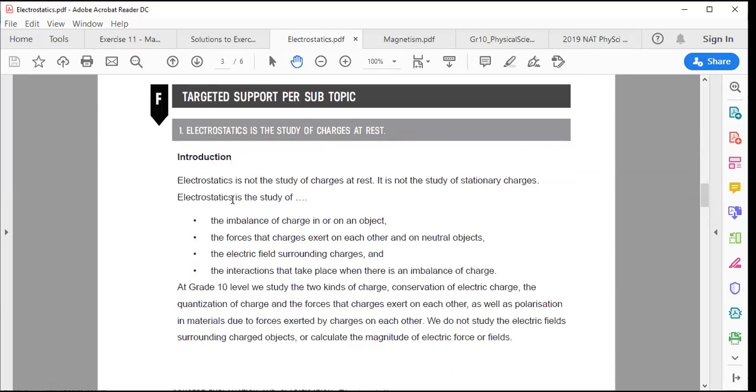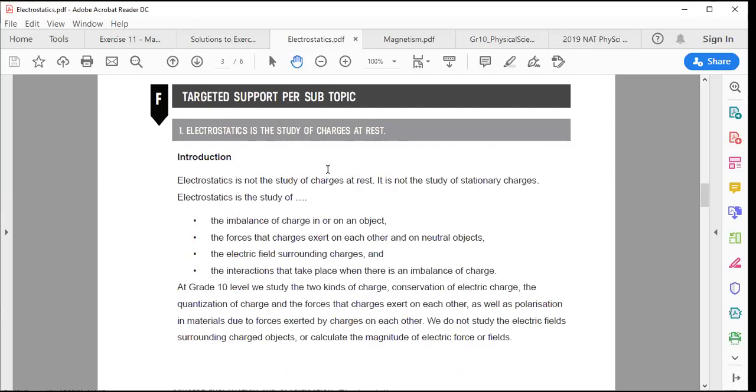But here there's a counter argument to say electrostatics is not just a study of charges at rest. In other words, these charges somewhere they move. It is not the study of stationary charges, because the charges do move. So electrostatics is the study of the imbalance of charge. That's a better definition, not just the study of charges at rest.